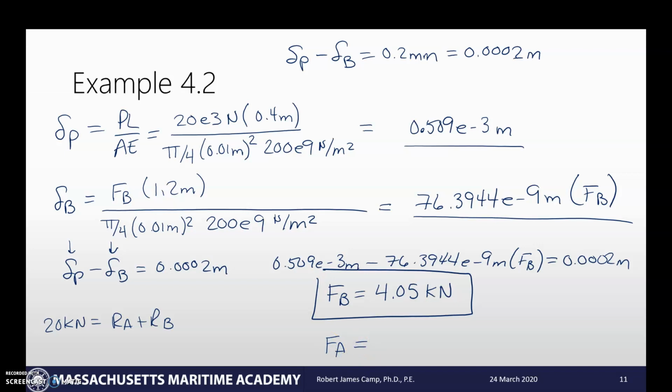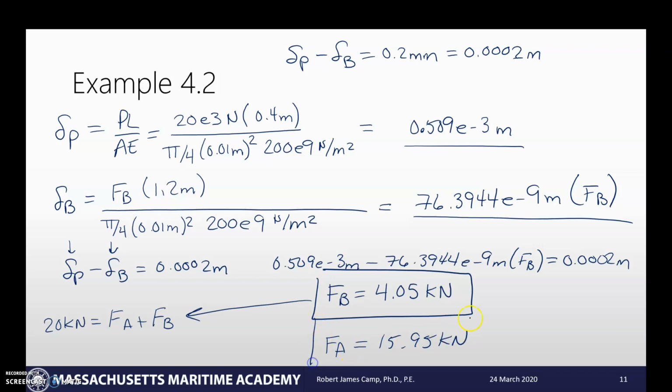I'm used to labeling all of my reaction forces R, but the book that we use, especially in the examples, uses F, and sometimes I mess up. So I do apologize about that. So we plug FB into here.